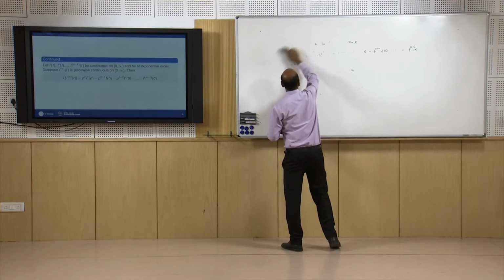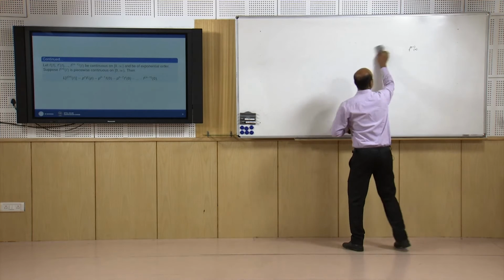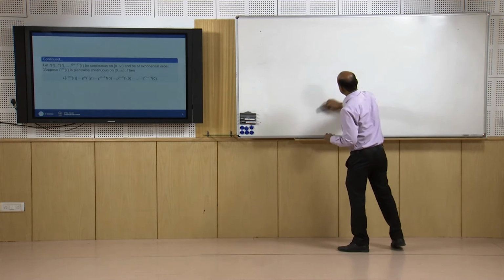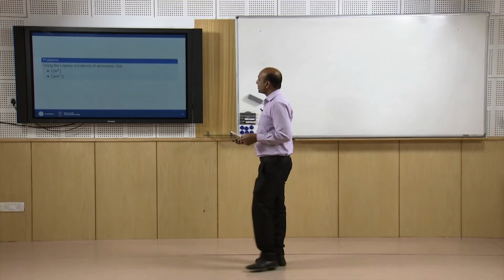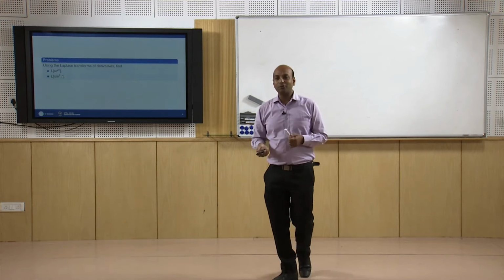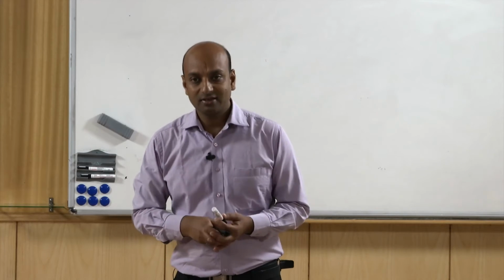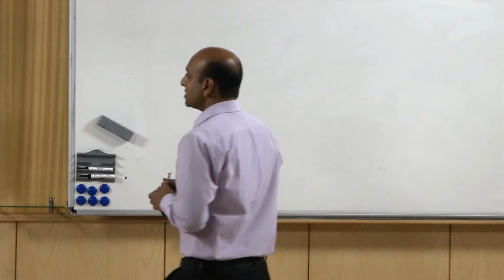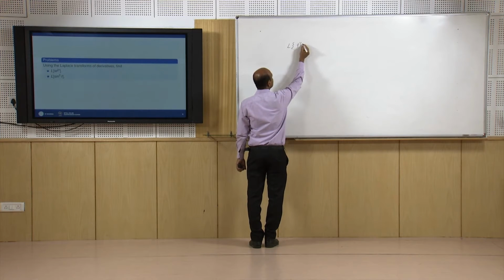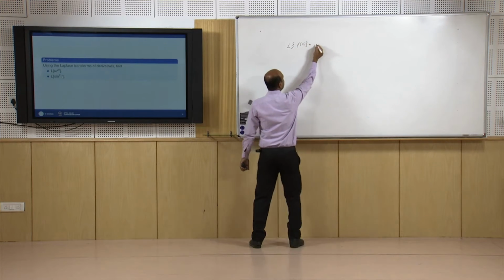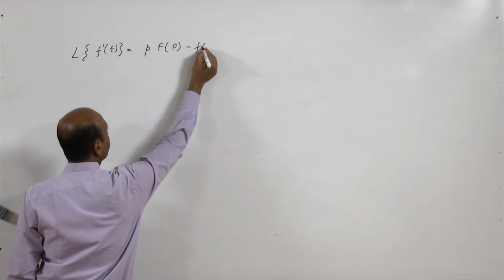Now, the next is how can we solve some problems using derivatives, using this concept. Just for illustration, let us try to find Laplace of these simple problems using Laplace of derivatives. We already know that Laplace of f dash t is nothing but p F(p) minus f(0).